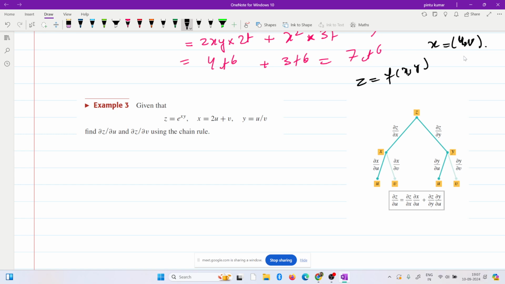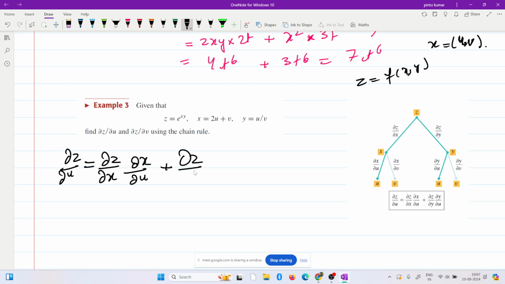How do we calculate this? I'm interested in the values del z by del u or del z by del v. Again, we take a very similar approach. It is del z by del x first, then del x by del u. Del means partial derivative, nothing else.